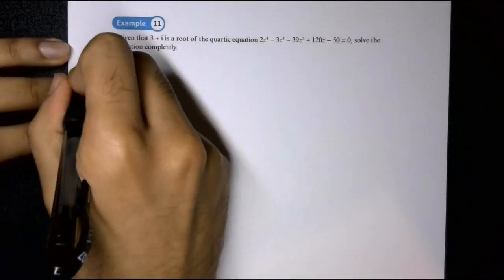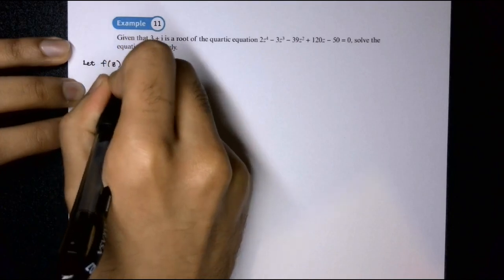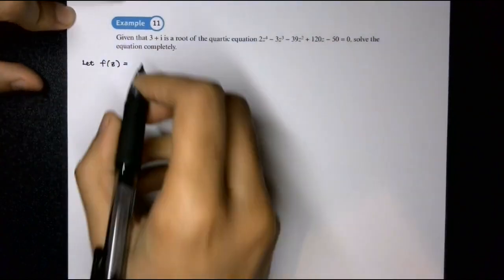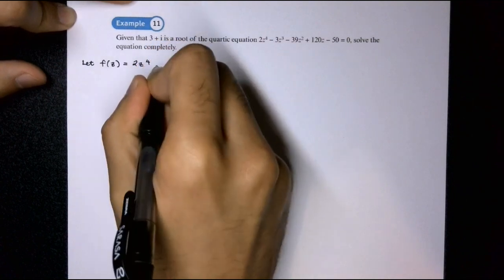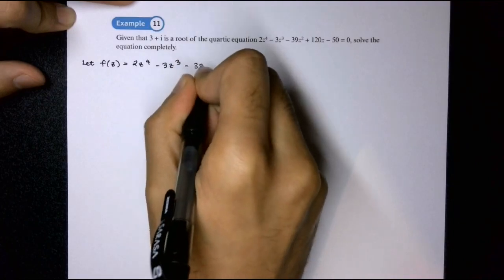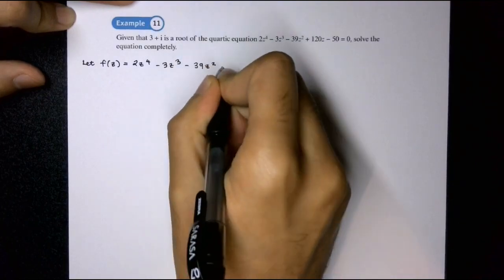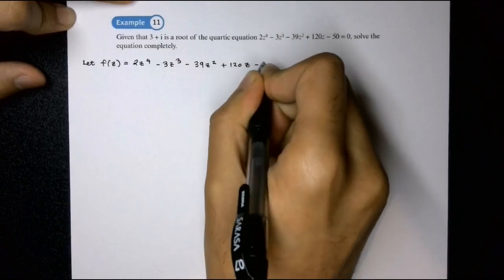So first thing we will do is let f of z equal what's on this left hand side, which is 2z to the 4 minus 3z cubed minus 39z squared plus 120z minus 50.